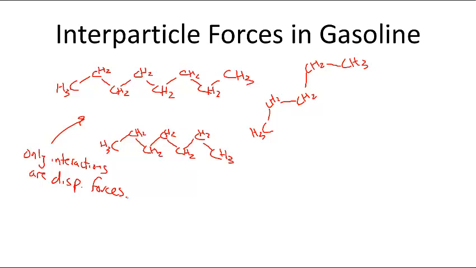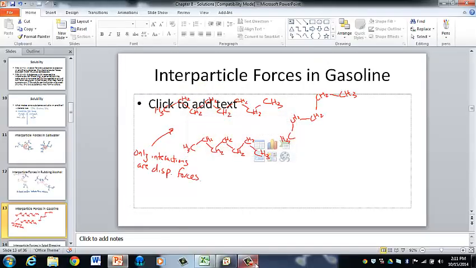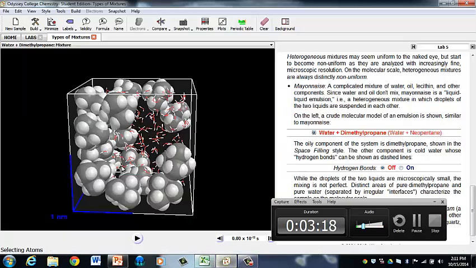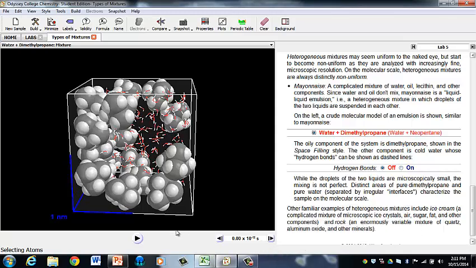Now, if I put gasoline into water, what's going to happen? Yeah, they won't mix. Let's take a little image of what that's going to look like. So this is neopentane.